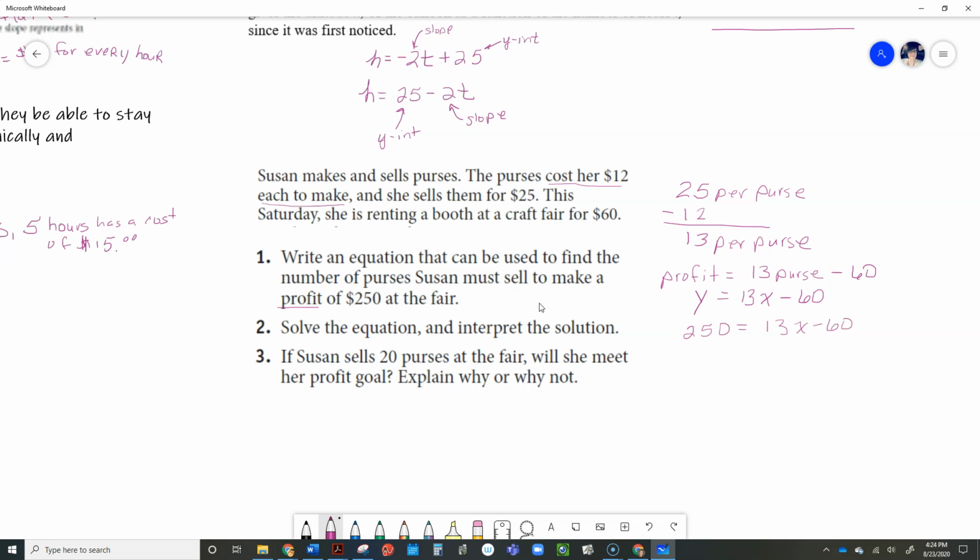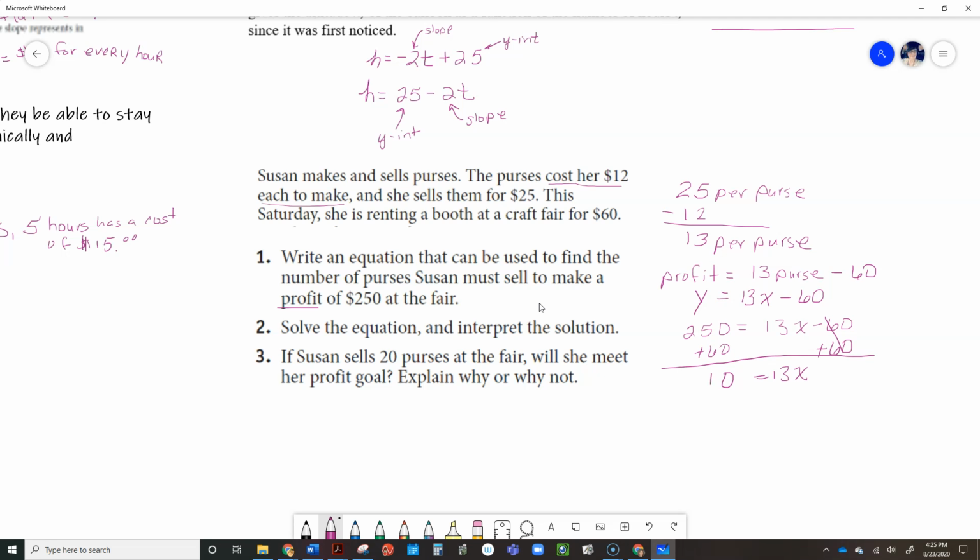So how do we solve for X? We're going to solve for X by undoing in the opposite order everything that happened to X. The first thing we're doing to X is we multiply it by 13, and then we subtract 60. So the first thing we're going to do is undo the subtraction of 60. So we're going to add 60 to both sides. That adds to 0, and then that means we need $13 times how many purses to get this much money.